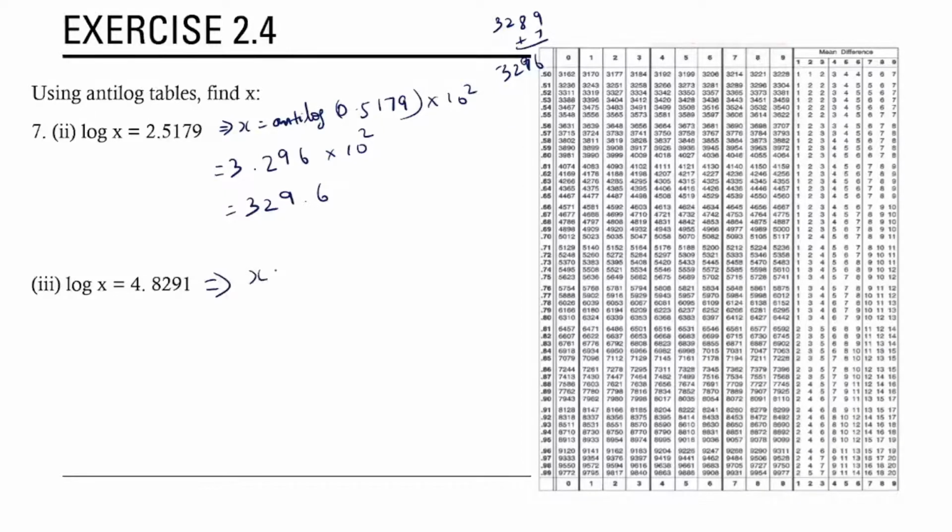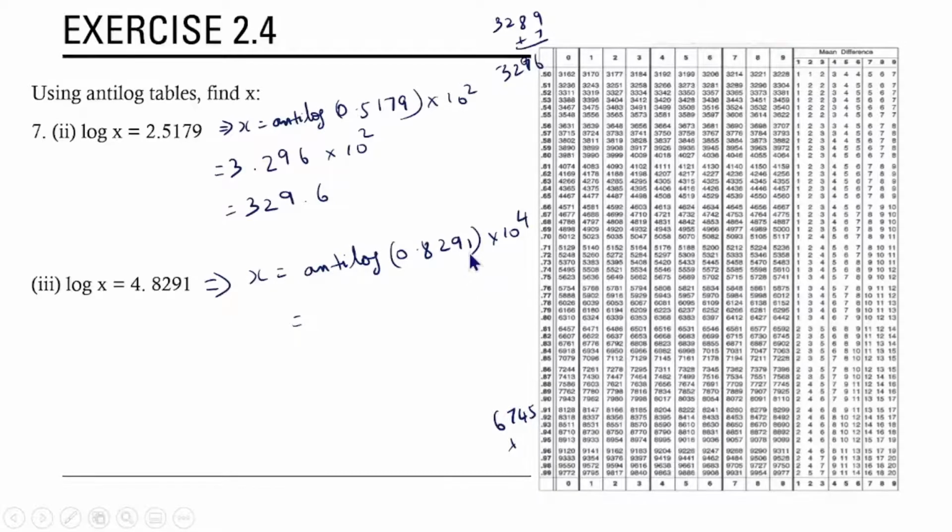The next one, log x is equal to 4.8291. From this we can write x is equal to antilog of 0.8291 into 10 raised to 4. We look into row number 0.82 and column number 9. The corresponding value is 6745. Then in the same row we add the mean difference corresponding to the next digit.